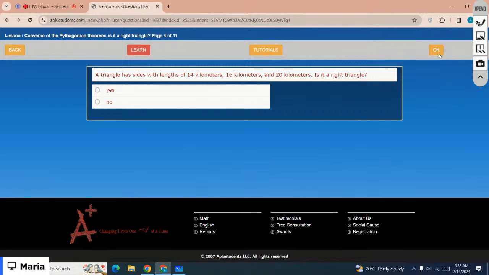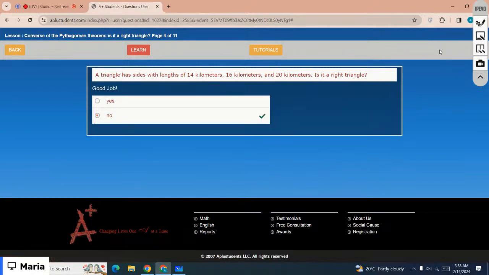The correct option is, I think no. The correct option is no, this isn't a right angle triangle, right? The correct option is no.